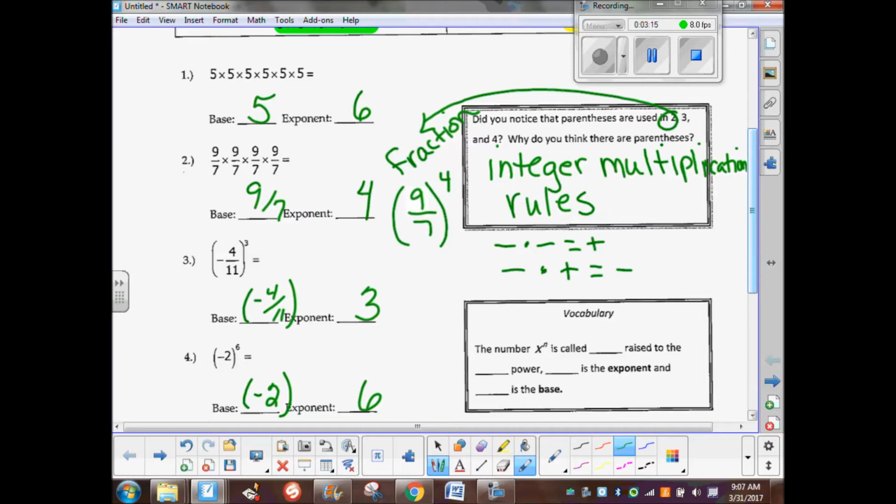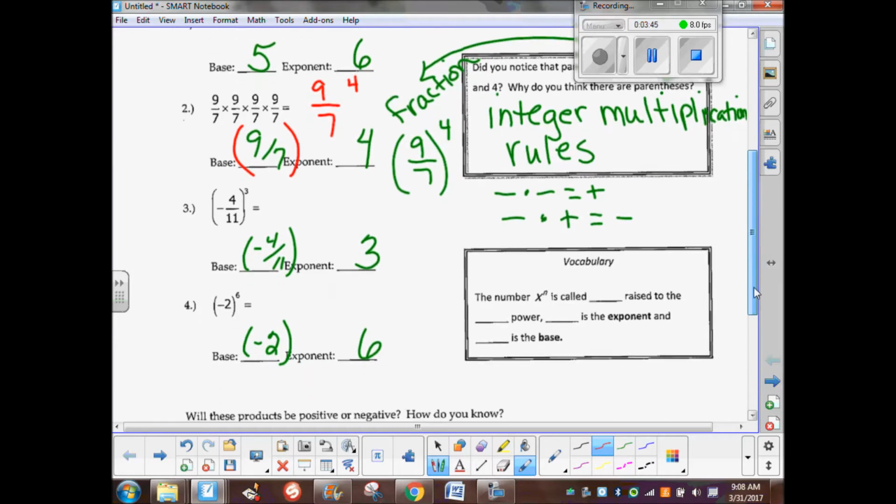If I take away the parentheses, what could it look like? Don't write this down, just look at it. What could somebody think is being raised to the 4th power? 9 to the 4th power. Yeah, you could think that it's just 9 to the 4th power. So the parentheses do make a difference here, so we should put those around that.